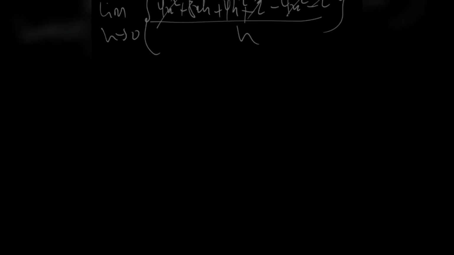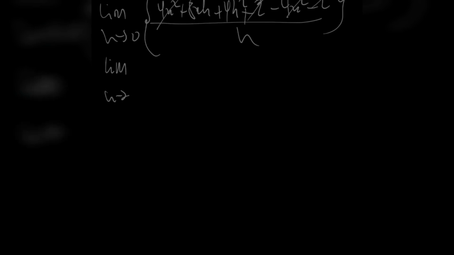So we get the limit as h approaches 0 of, you're now left with 8xh plus 4h squared, only those ones, all over h.